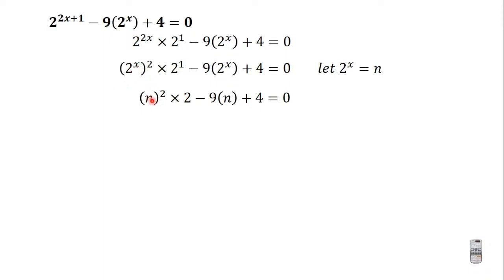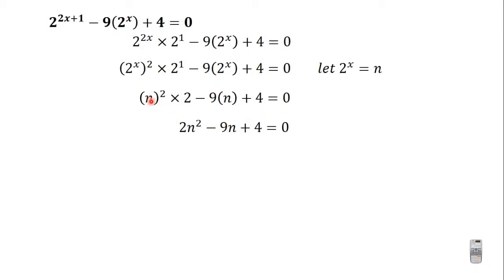So you have n exponent 2 times 2 exponent 1, which is 2, minus 9 into bracket, you have 2 exponent x here, we are replacing it with n, so 9 into bracket n plus 4 is equal to 0.